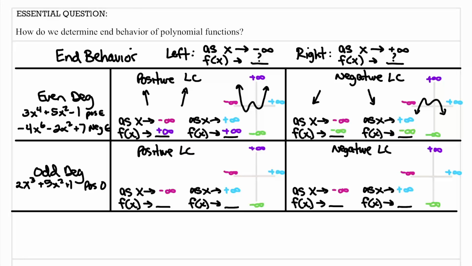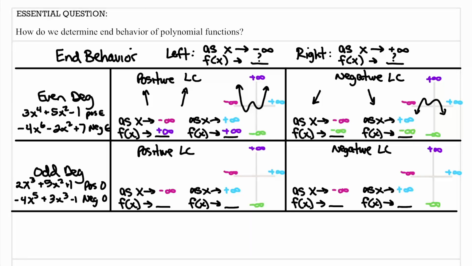Or we could have a negative odd, so let's say negative 4, and remember we're not looking at odd or even for the leading coefficient, we're looking at the sign, positive or negative. We'd have negative 4x to the fifth, there's our odd degree, plus 3x cubed minus 1. So this would be a negative odd.